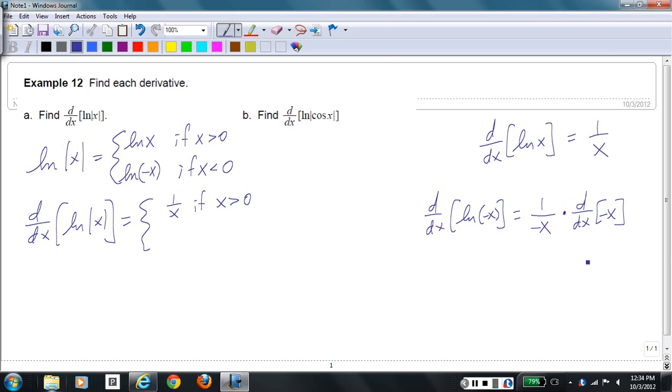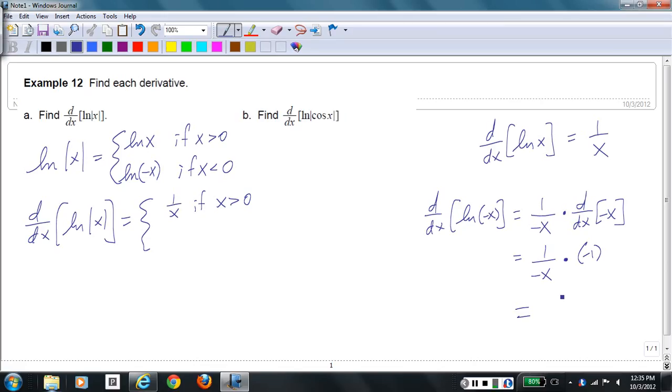Chain rule says multiply by the derivative of what's inside the parentheses. So we multiply by the derivative of negative x. So this is going to be 1 over negative x times, what's the derivative of negative x? Negative 1, which simplifies to equal what?